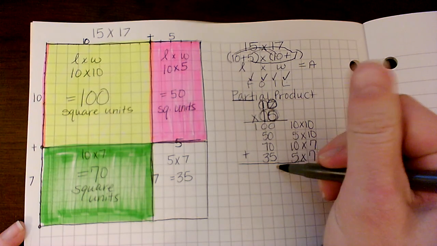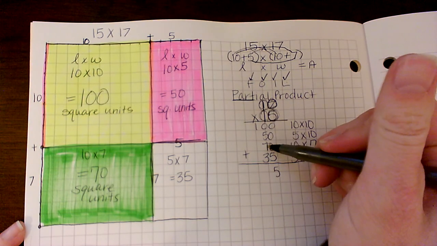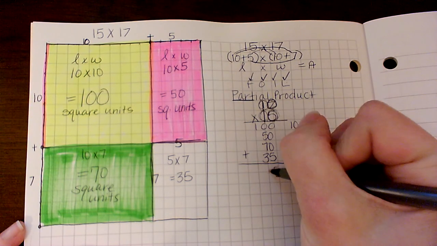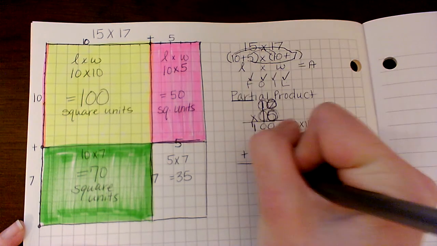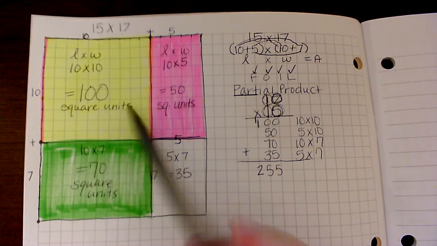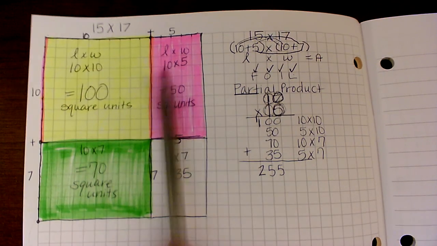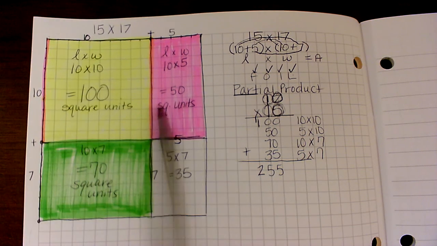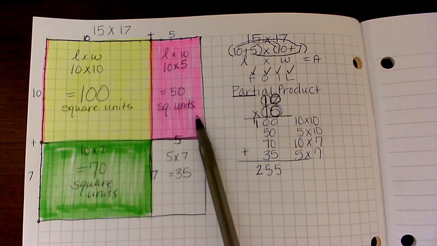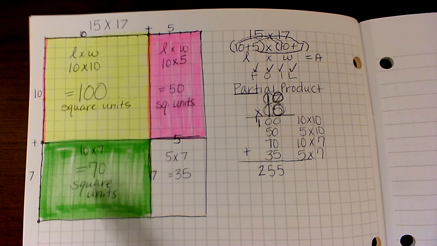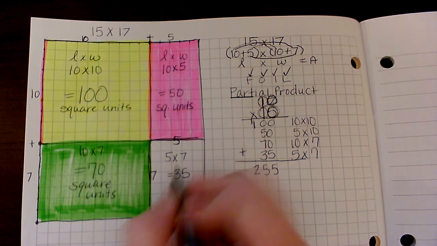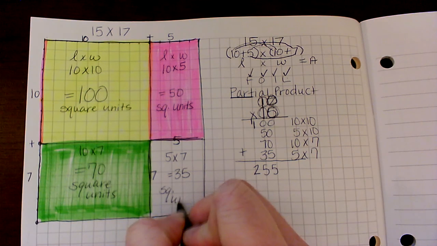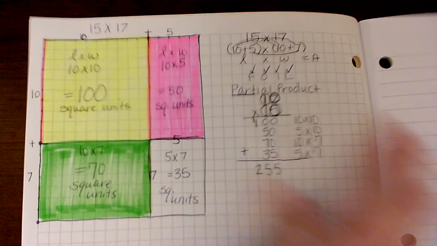So 0, 0, 0, 5. 30 and 70 is 100, and plus 50 would be 150, so this needs to go in the hundreds column, and then I would have 255. So if I count up all of these, this would be 100 units, plus 50 units is 150, plus another 70 would be 220, plus 35 would be 255 square units, right?